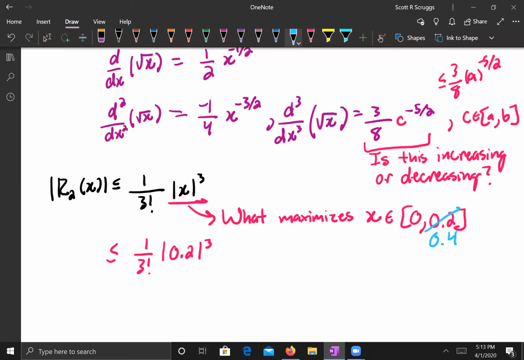Why didn't that work? Times 1 divided by 6, I got 0.0106 repeating. Oh, because now instead of scientific notation, they want a decimal. I need to read instructions sometimes.